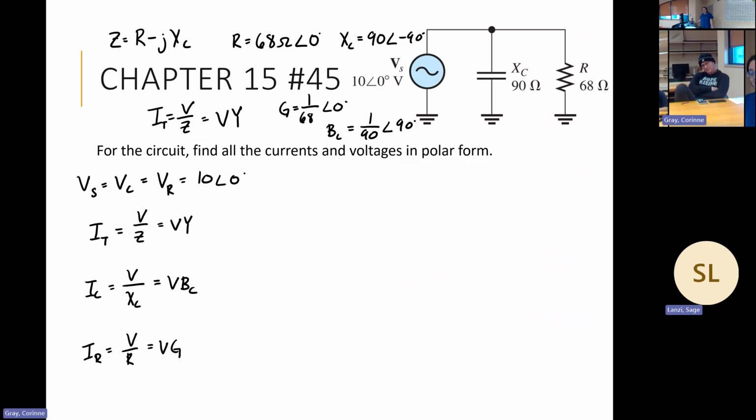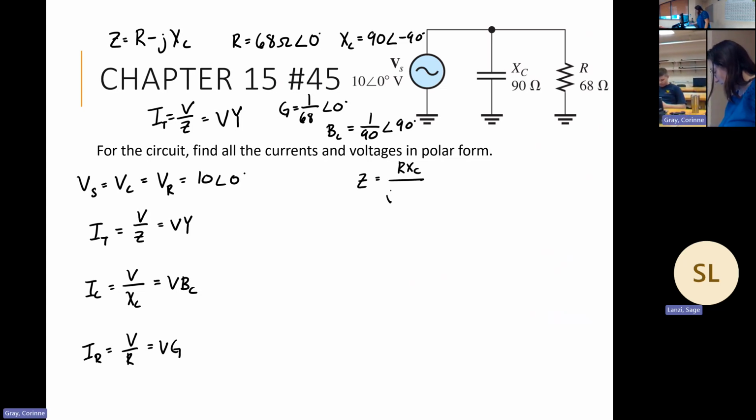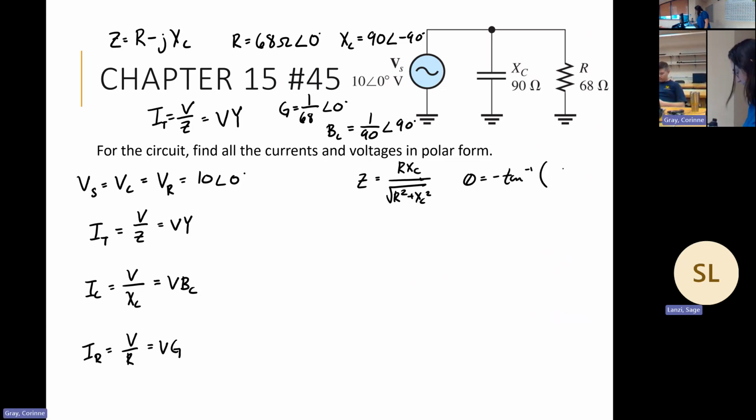We have everything we need technically to go through and do either Z or Y. We've done all the pre-work to figure it out. If I'm going to use Z, I would have R times XC over the square root of the squares added. And then for the angle, I would have the inverse tangent of R over XC. These are the equations that were explicitly given to us for this.